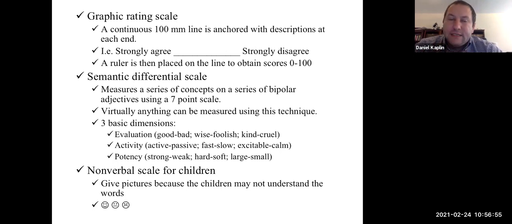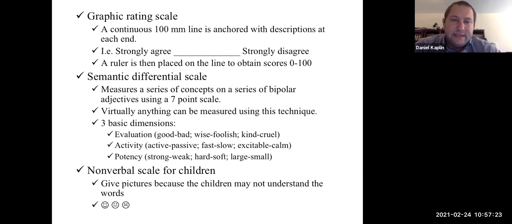Now, this particular approach, you would have to get a ruler and measure it, right? We also have graphic rating scales with sliders on the computer. They've made it a lot easier to do this kind of research. All right. Now, semantic differential scales, this is where we are comparing people on bipolar opposites of dimensions.